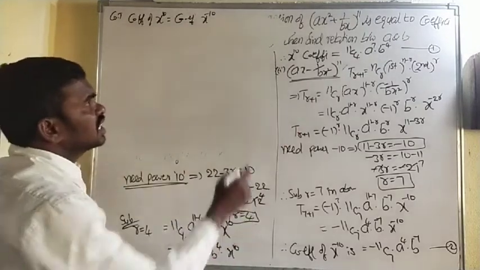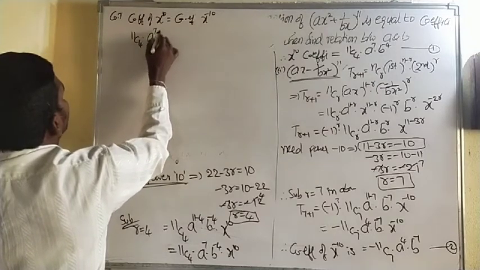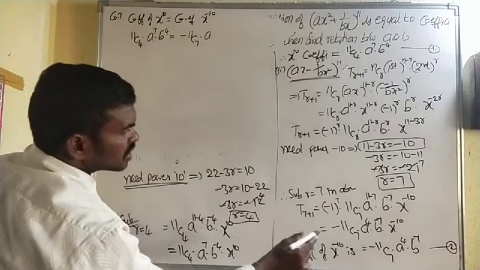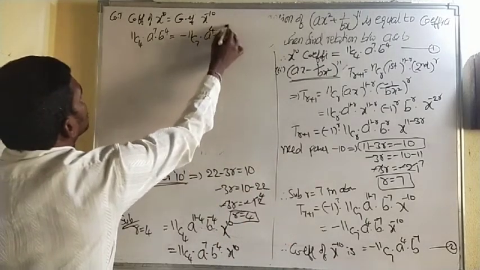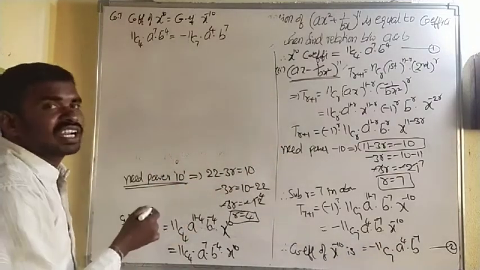Meaning first and second are equal. So from the first one, 11C4 into a power 7 into b power minus 4 is equal to minus 11C7 into a power 4 into b power minus 7. Simplifying this we can get the answer.